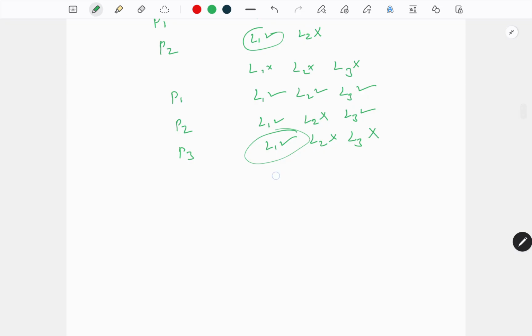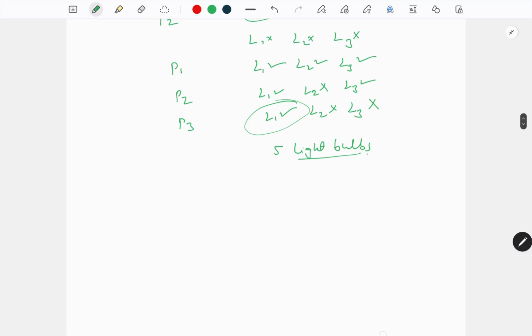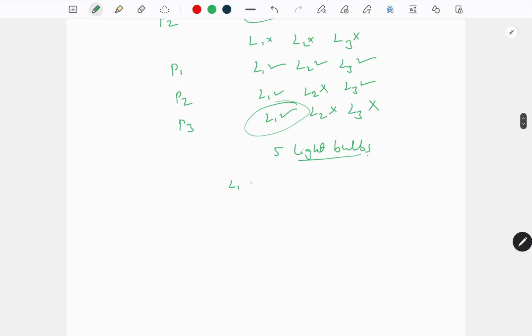Let's say there are 5 light bulbs, L1 to L5, all off initially. P1 comes and turns on all the light bulbs.